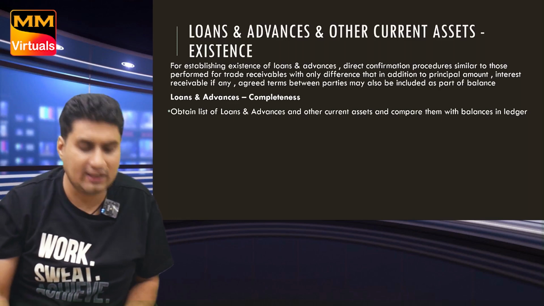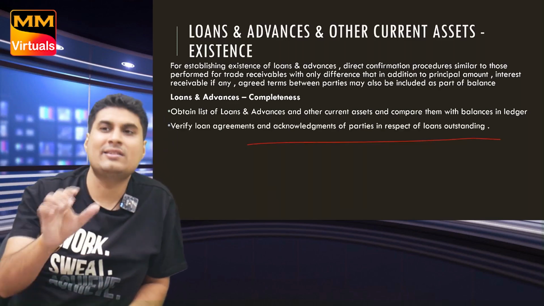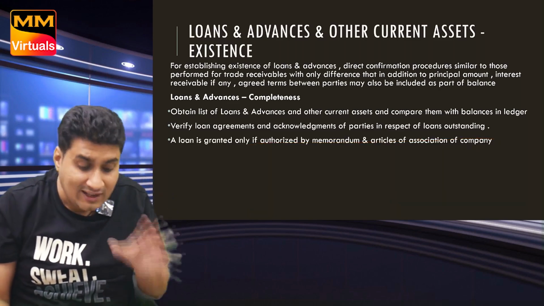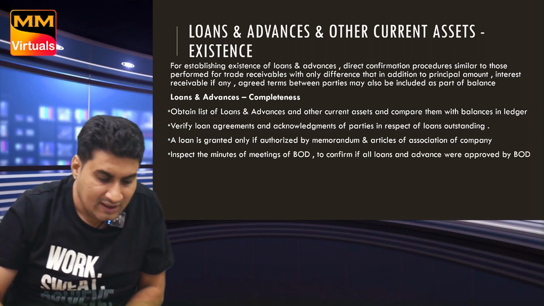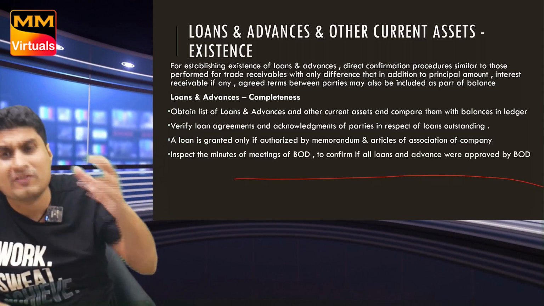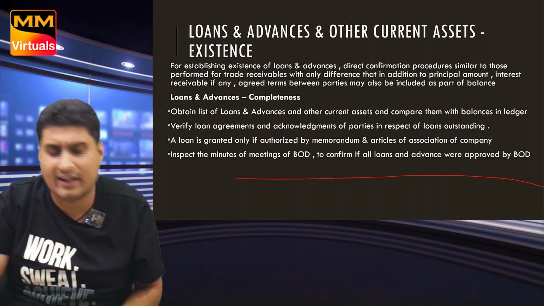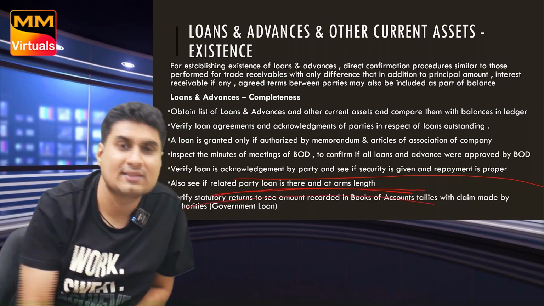Obtain list of loans and advances. Second, verify loan agreements in respect of loans outstanding. Okay, see the agreement. Third, a loan is granted only if permitted by the memorandum and articles. Inspect the minutes of the board of directors to confirm all the loans are approved by the board. If it's a related party, see it is at arm's length price.